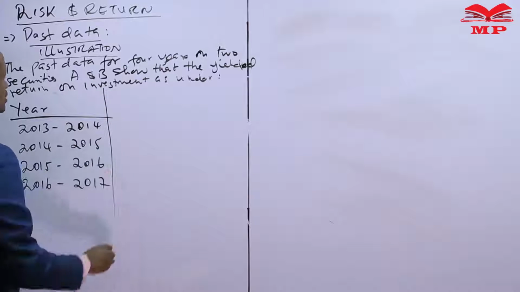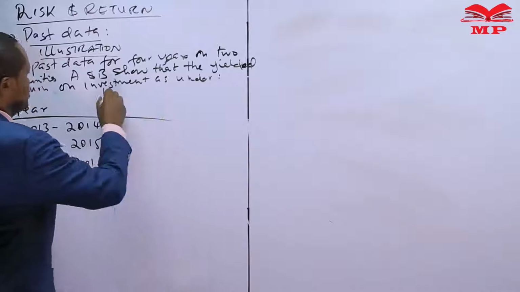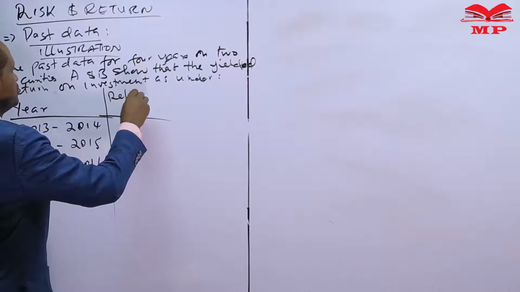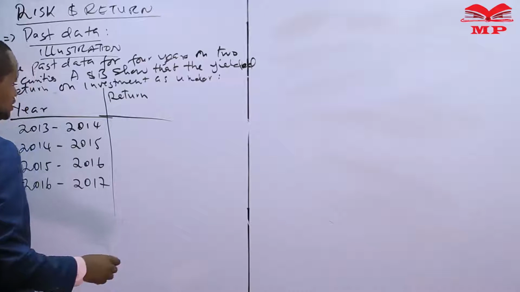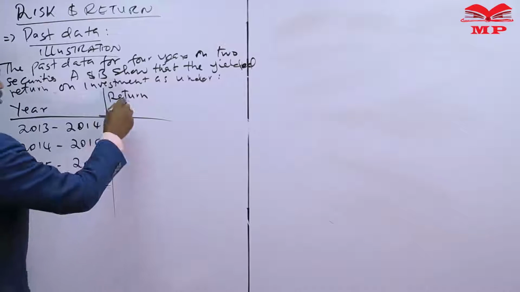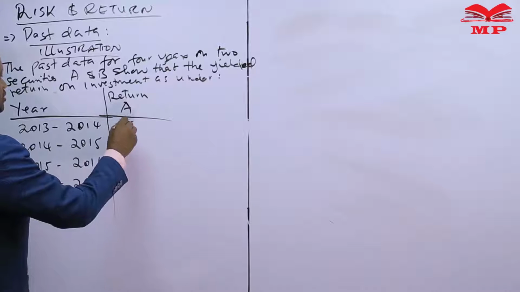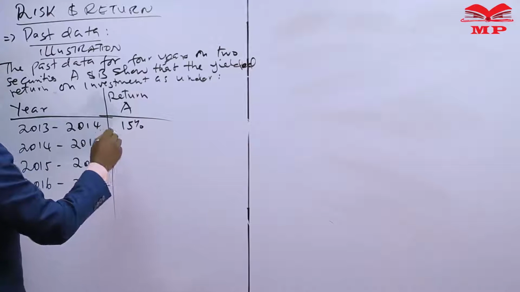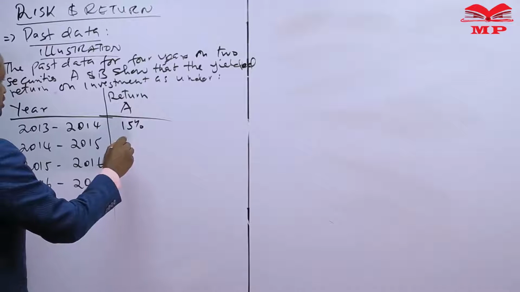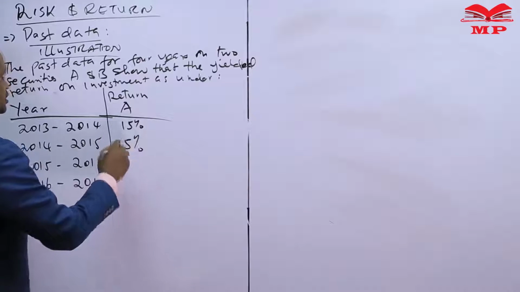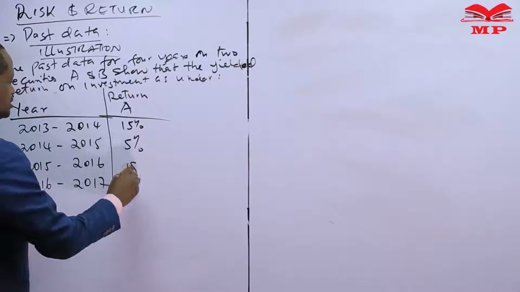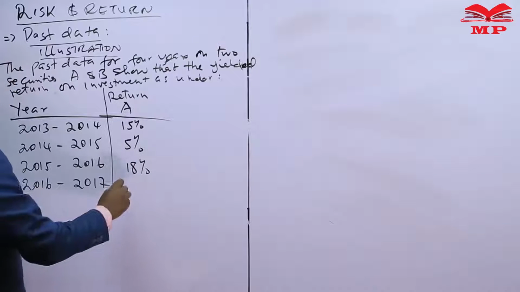Then the return for security A to be, say, 15%, the next year, say, 5%, next year 18%, following year 7%.